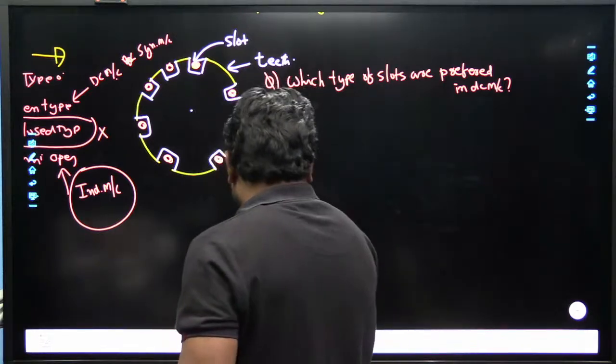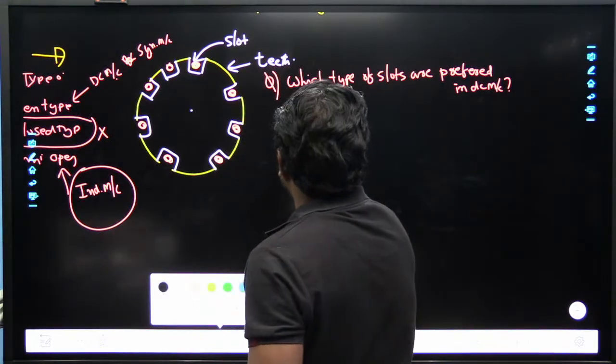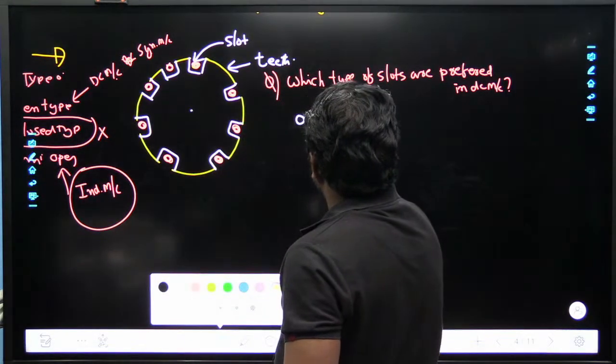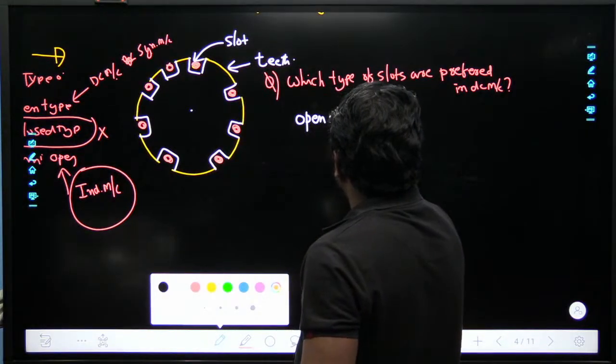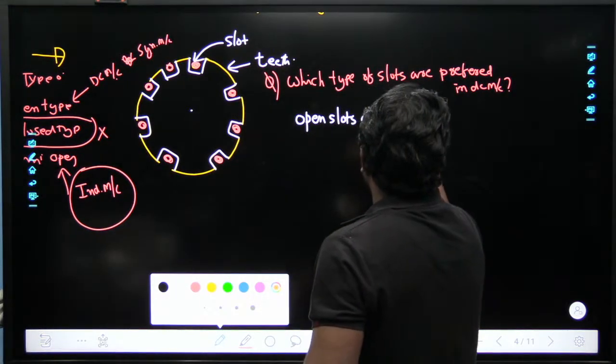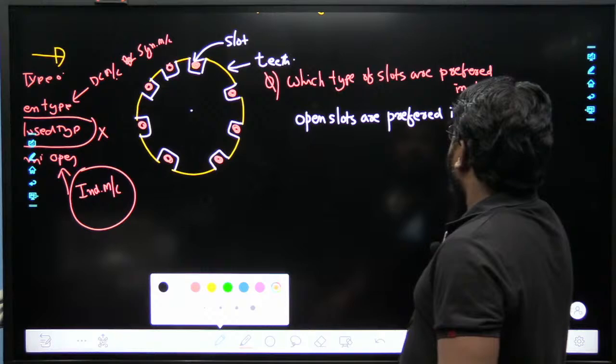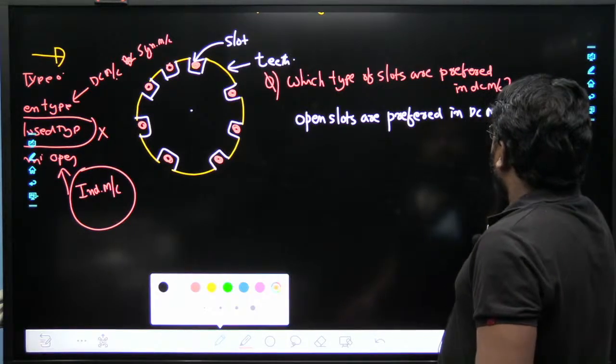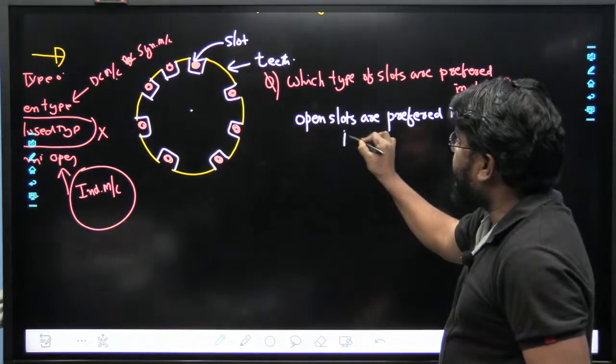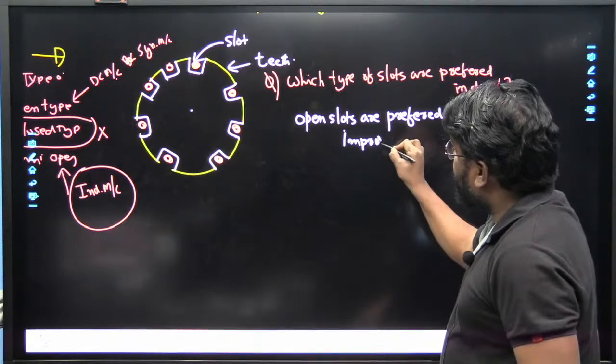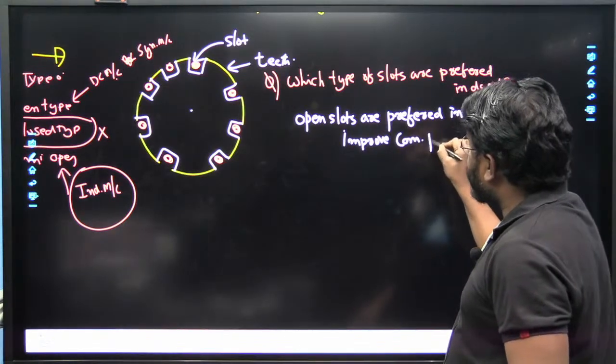Open type slots are prepared in the DC machine to improve the commutation process here.